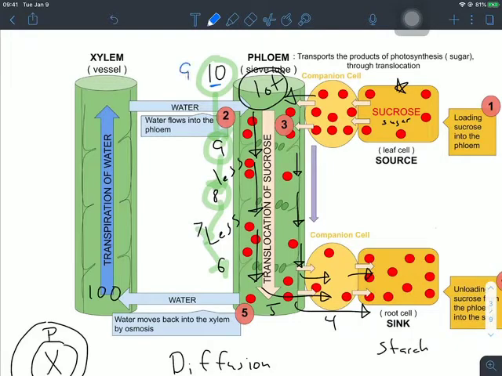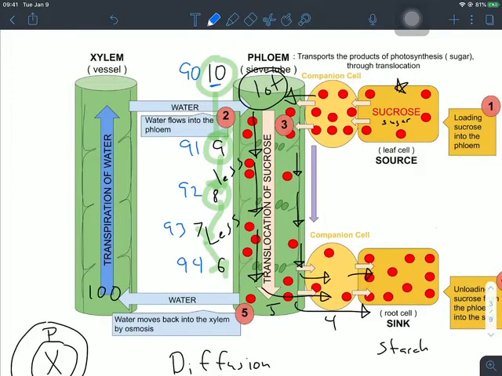You get 90 parts of water. And then down here you get 91 parts of water, 92, 93, 94 parts of water. And so you've got this gradient where there's less water up the phloem.